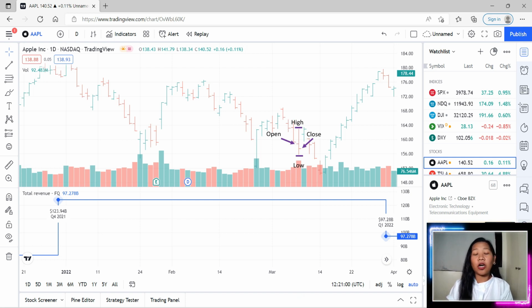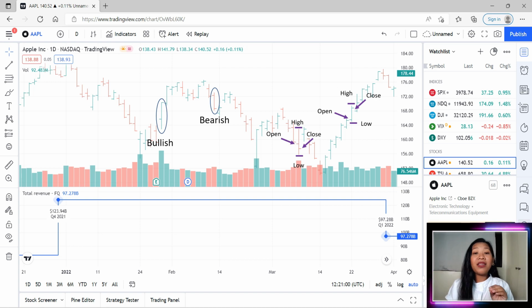On the opposite candle, we have again the low or lowest price, this is the open, this is the close, and this is the high. One thing to bear in mind is that the bullish and the bearish candle, the open and close, are in opposite direction.